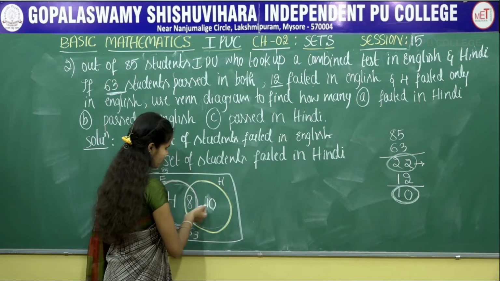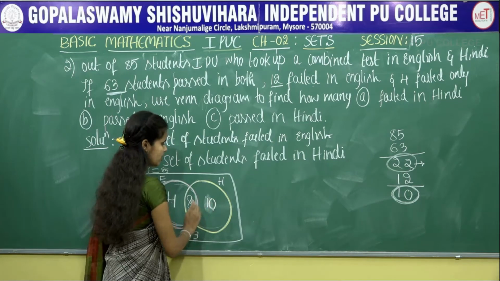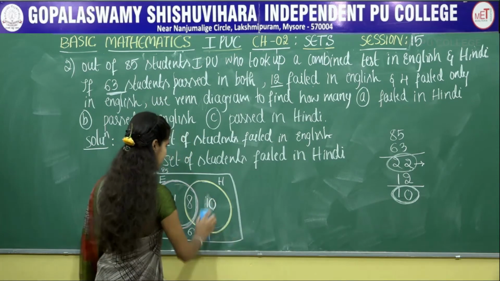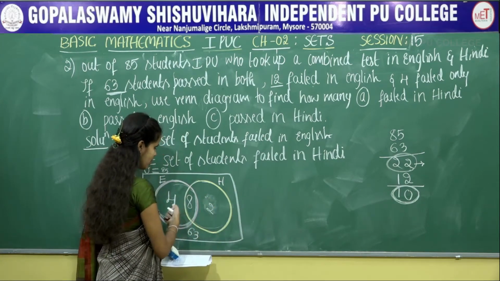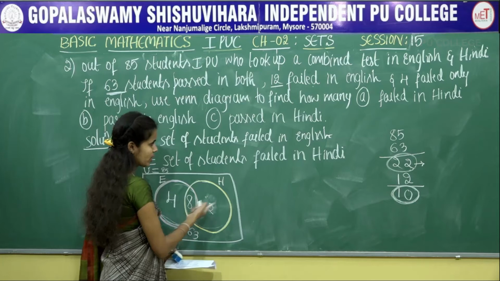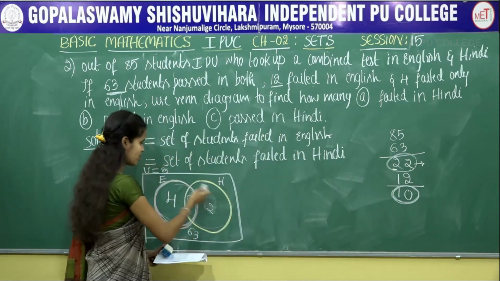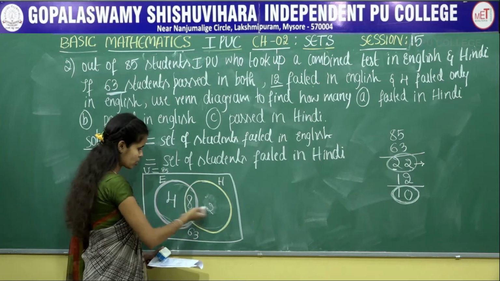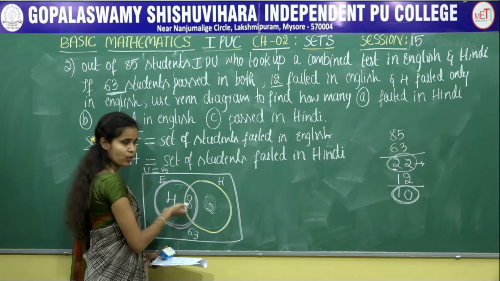Suppose if we write 2 here in place of 10, it becomes 10. But for how many students in total? 22 students failed in either Hindi or English. So 8 plus 2 is 10, 10 plus 4 is 14. We get only 14.